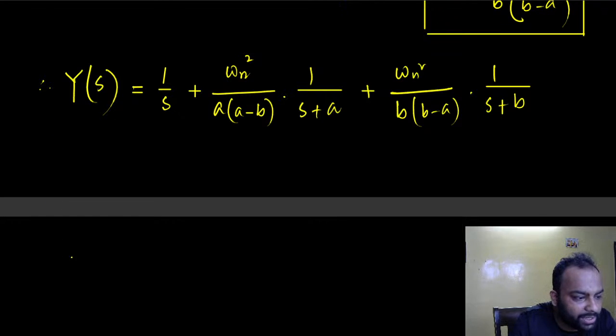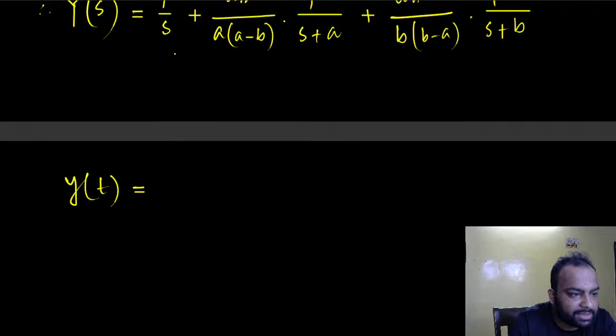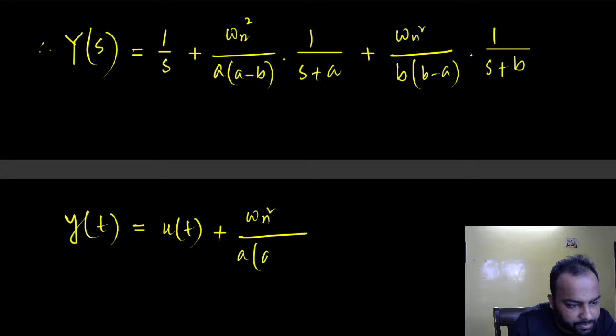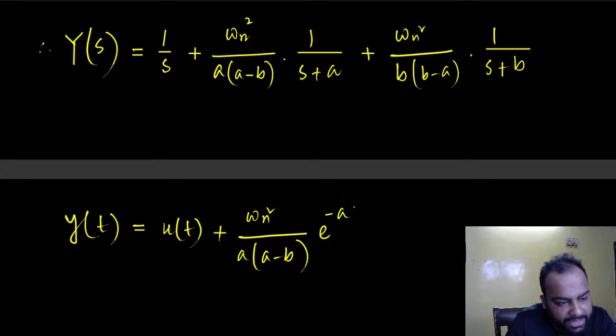With that said, what is the inverse Laplace transform? What is the actual response here? The inverse Laplace transform of this quantity is going to be u(t), plus then again these terms will remain, and of course this is going to be e to the power minus at u(t). Remember, A was that big complicated quantity.